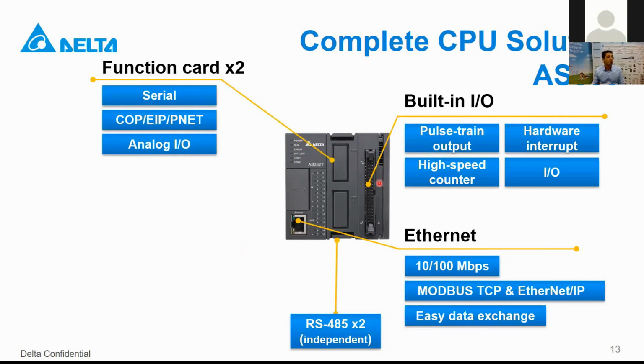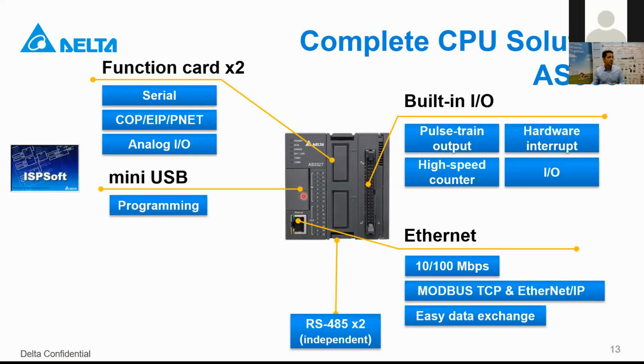We have a function card slot. This is an empty slot, so we can customize it. We have serial function cards, communication function cards, and analog function cards. Apart from modules, to customize the CPU itself, we have an empty slot to customize with some function cards.